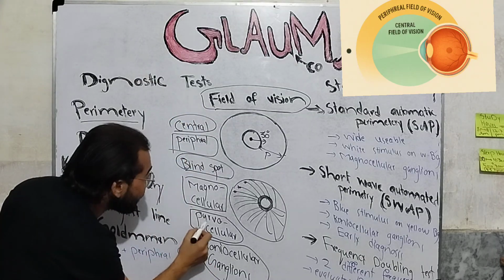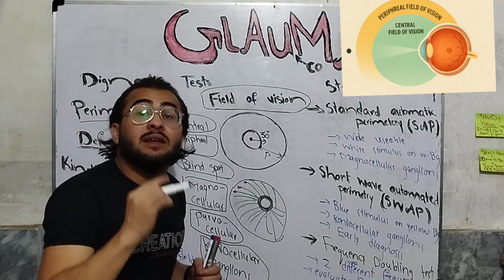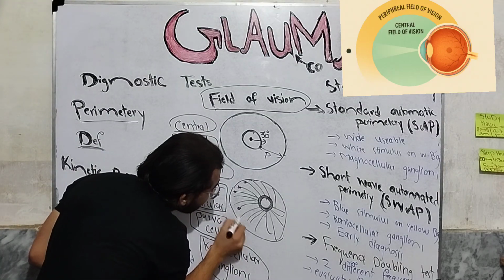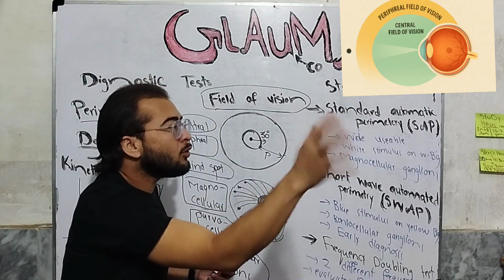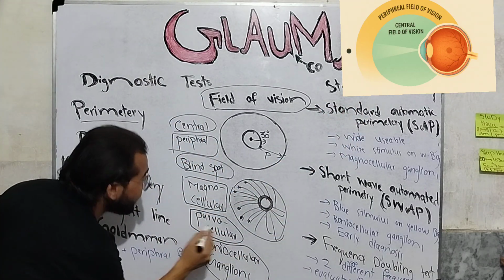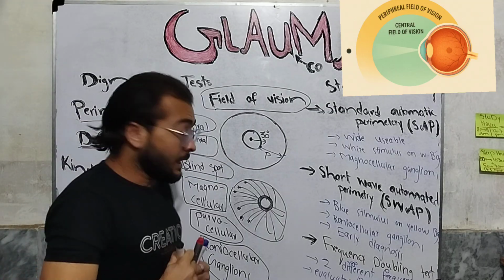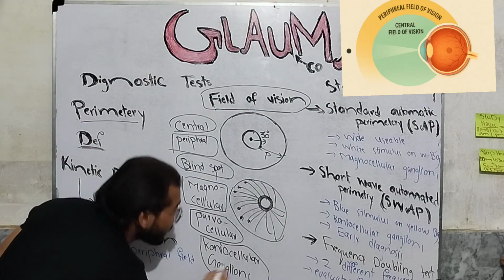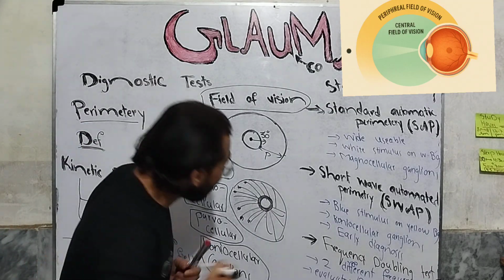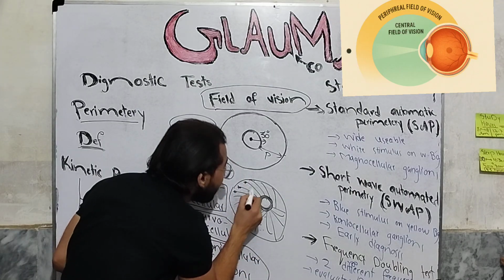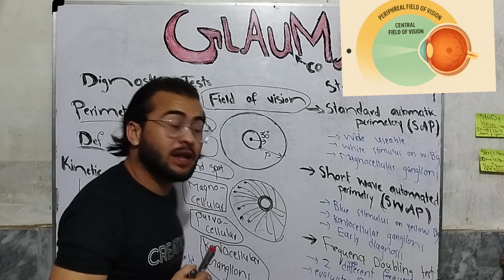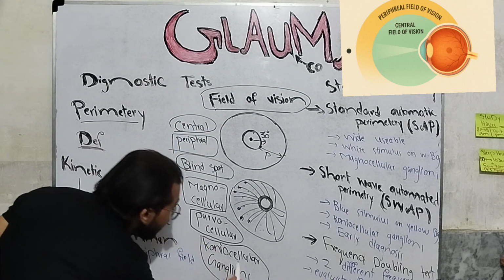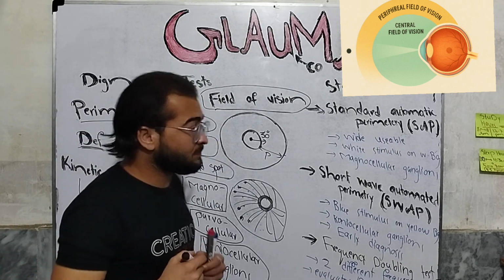The parvocellular ganglions perceive flicker and motion. And the third type, the koniocellular ganglions, perceive short wavelength light rays such as blue light.